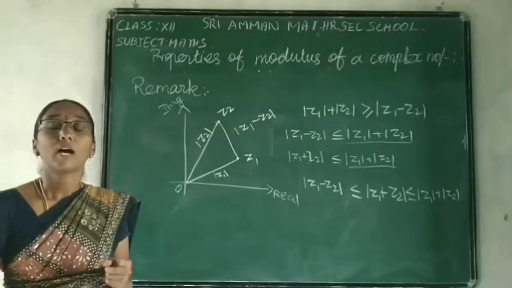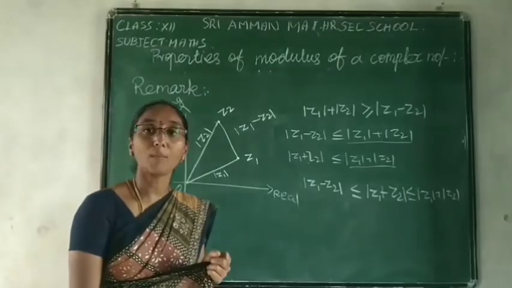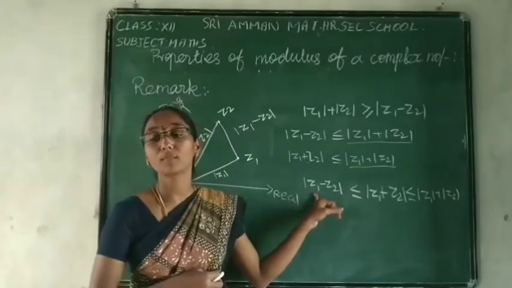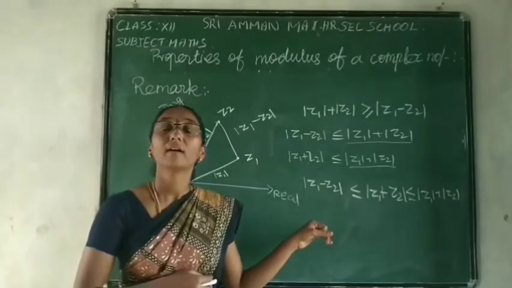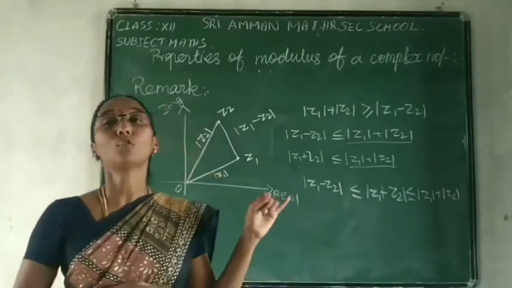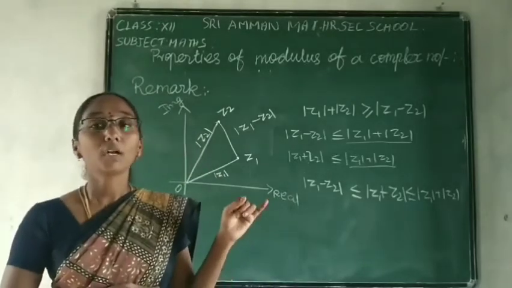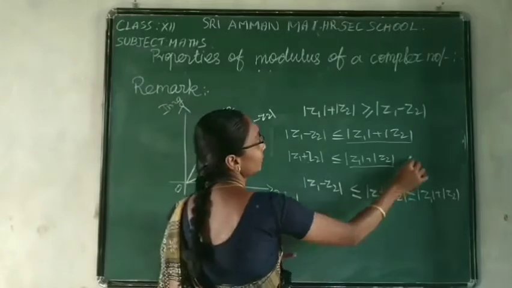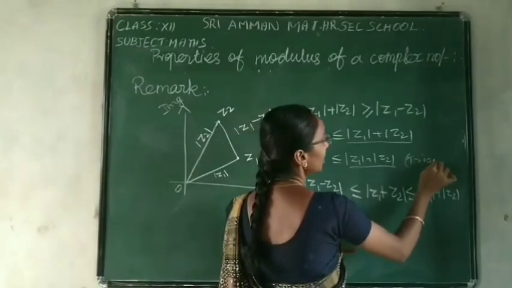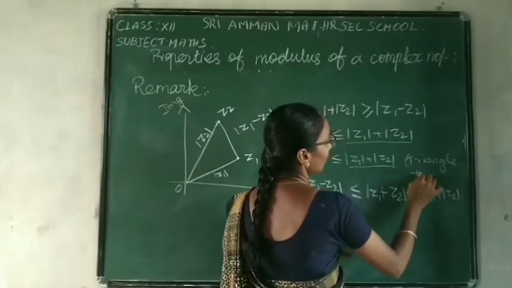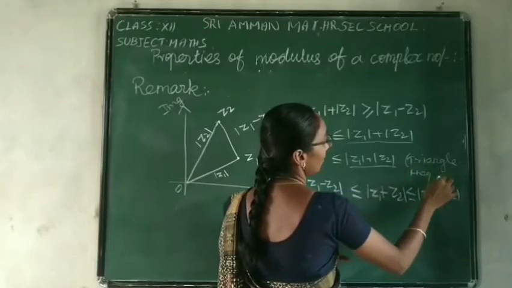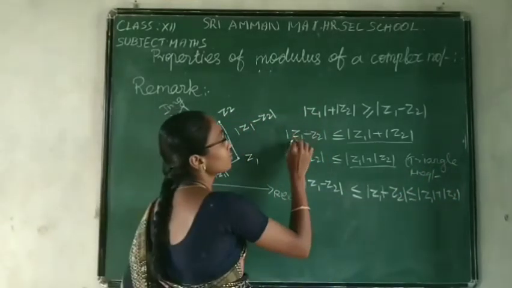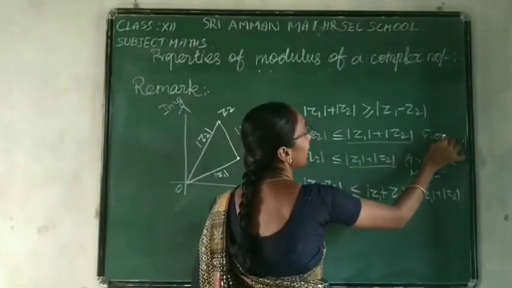And from the properties of the modulus of a complex number, the modulus of Z1 minus Z2 is greater than or equal to the absolute difference of the modulus of Z1 and the modulus of Z2. Listen, this is the triangle inequality, from the diagram.